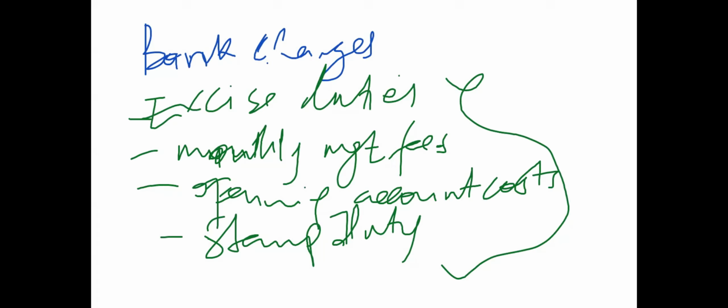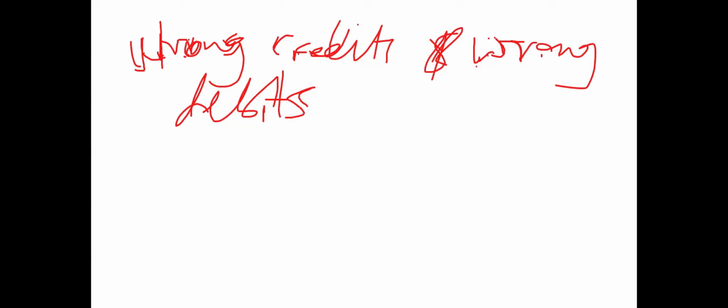So the next factor that we can talk about is we may have things like the wrong credits and wrong debits. This is also something that is very common. So wrong credits and wrong debits, these are some of the things that we may have.